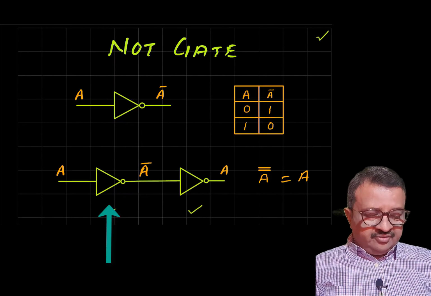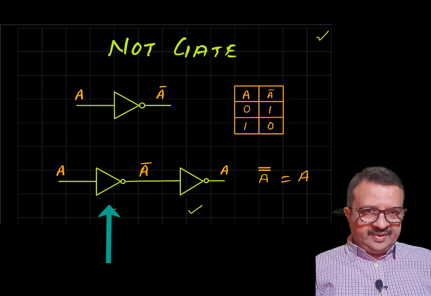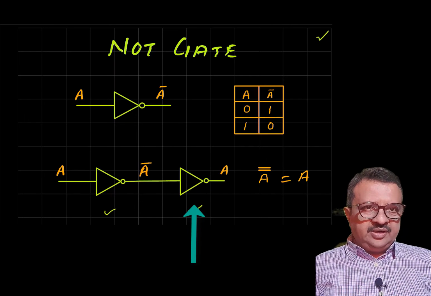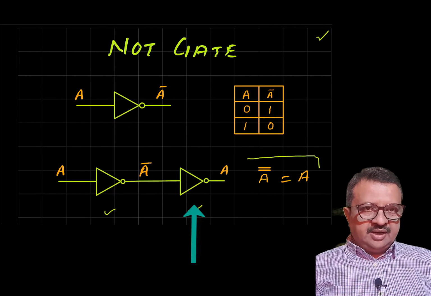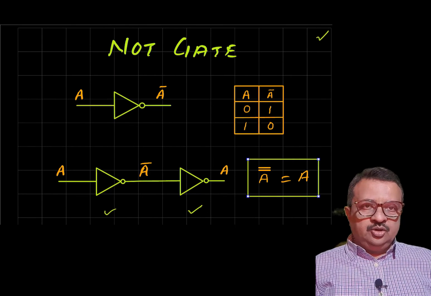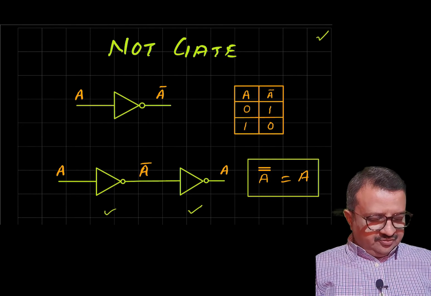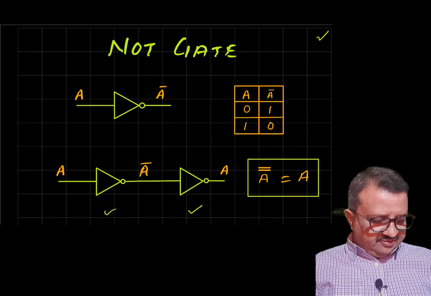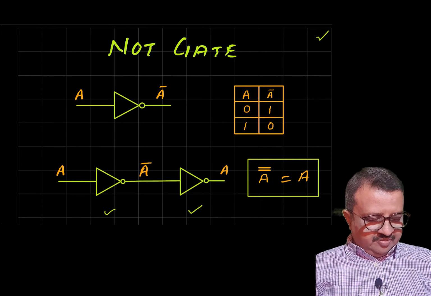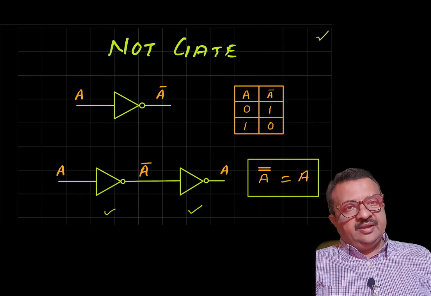The first NOT gate will complement it and you will get A bar, and the second NOT gate will complement it and you will get A bar bar, and that is once again A. So A bar bar is equal to A. This is a very important identity of digital electronics. A bar bar is equal to A.